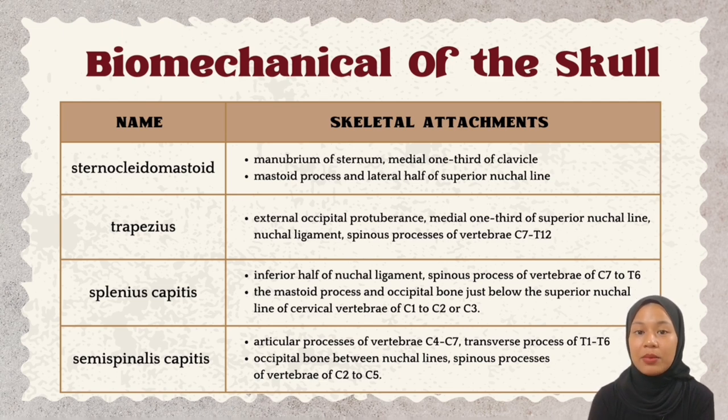Lastly is the semispinalis capitis. The skeletal attachments of the semispinalis capitis are the articular processes of vertebrae C4 to C7, the transverse processes of T1 to T6, and also the occipital bone between the nuchal lines, and the spinous processes of vertebrae C2 to C5.